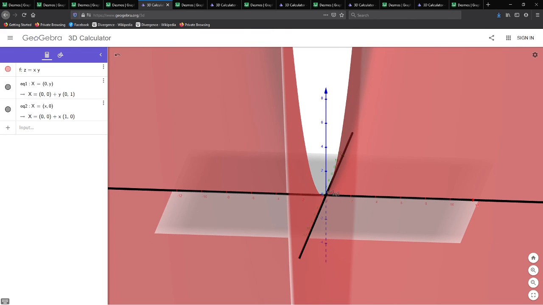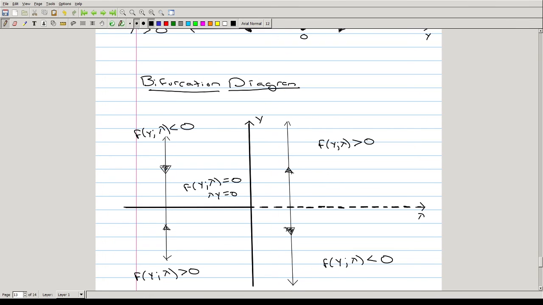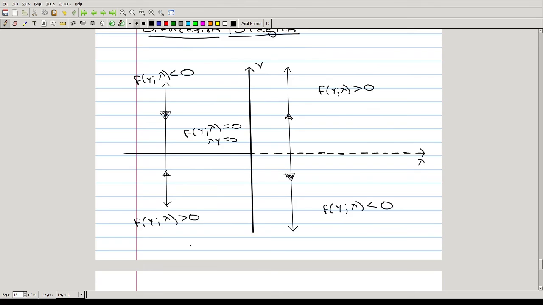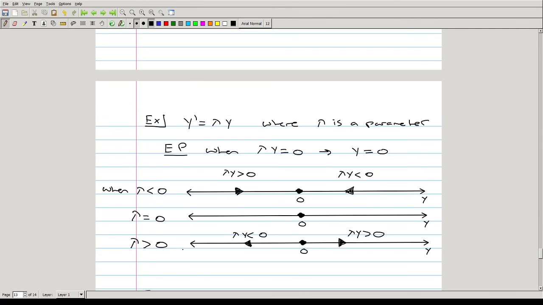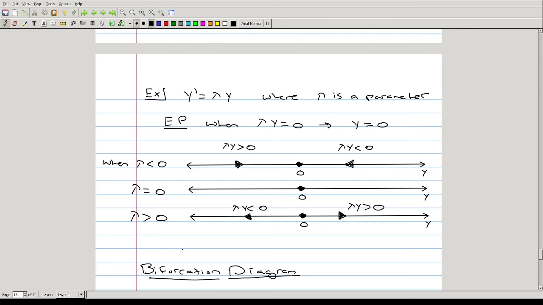So let's see this in another example. See that this is a relatively simple example, and by the way, this does correspond exactly to the solution. When you solve this ODE right here, the solution ends up being, as we've seen, absolute value of y is equal to absolute value of y naught times e to the lambda t.